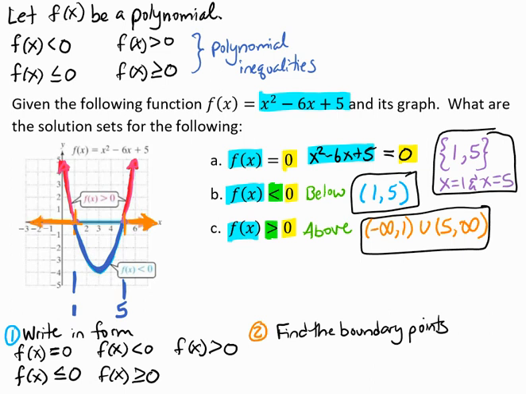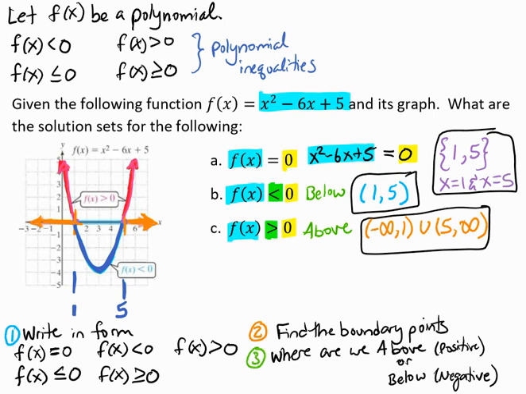Second, we want to find our boundary points. Remember that our boundary points are where it equals 0, which is where things were either below the x-axis or above the x-axis.